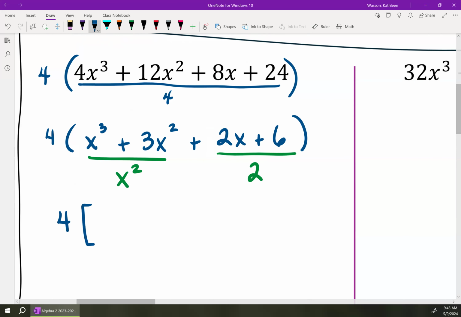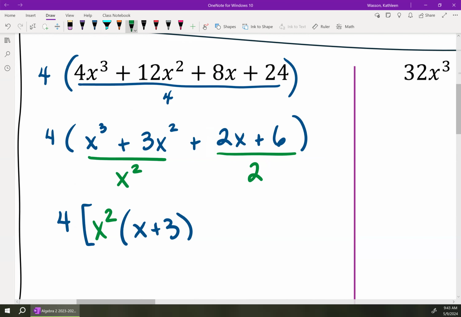Okay, I'm going to clean this up a little and write it so it's easier to see. And I will lean on you guys to tell me if you prefer to always write it this way or if you feel like it's not necessary. Or you can choose that for yourself. I'll write x squared out front and my simplified binomial, which will be x plus 3 if I factor out x squared.